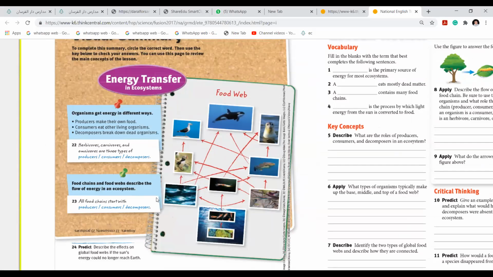This is all about the food web. Did you understand? Herbivore, plant-eating animals. Carnivore, the one who consumes animals. And omnivore, those who consume both plants and animals.